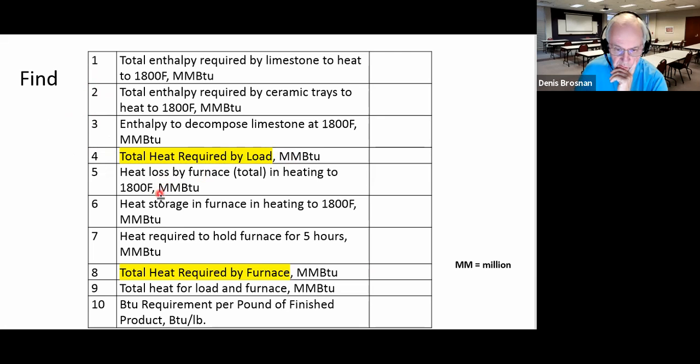Then we're going to get the heat required by the furnace, add it up, total the heat requirement by the load and the furnace, and we're going to take that total amount of heat and divide it by the finished product weight to get the BTUs per, in this case, pound of finished product. So here we go.